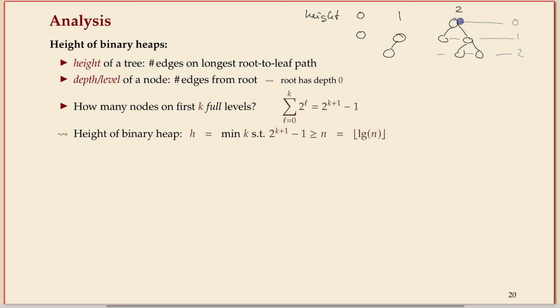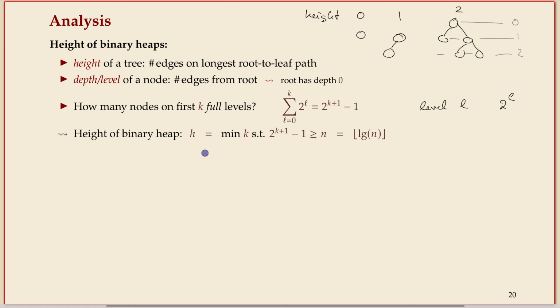And for every node on the previous level, you have 2 children on the next level if everything's full. So that means on level L, we have 2 to the L nodes if it's full. Right? If you insert 0, then that's 1. If you insert 1, then that's 2 nodes, and so on. So if you sum up the first k levels, and they're all full, that's this sum, which evaluates to 2 to the k plus 1 minus 1. Okay? Almost the next power of 2.